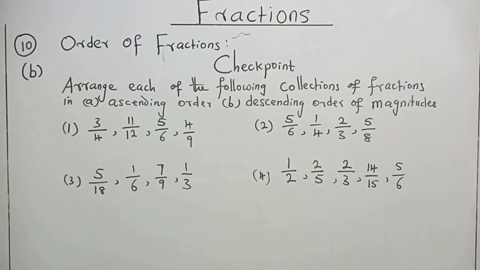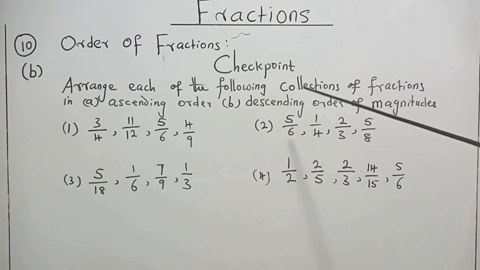And here comes the checkpoint. It says arrange each of the following collections of fractions in A, ascending order, B, descending order of magnitudes. Number 1, 3 over 4, 11 over 12, 5 over 6, 4 over 9.